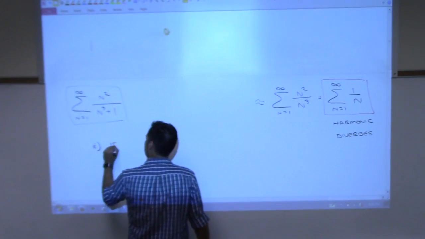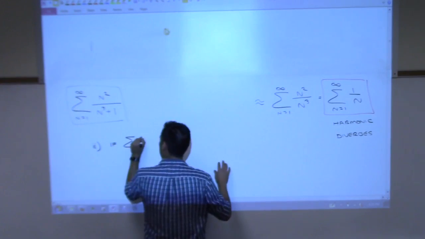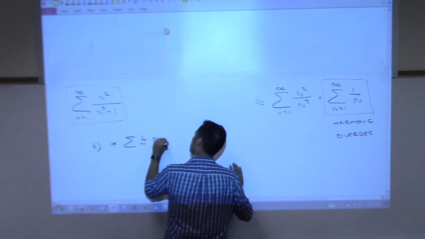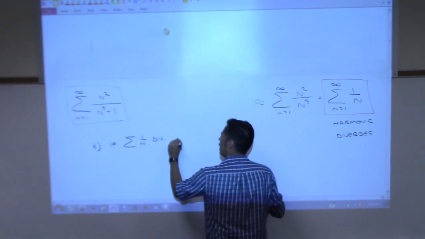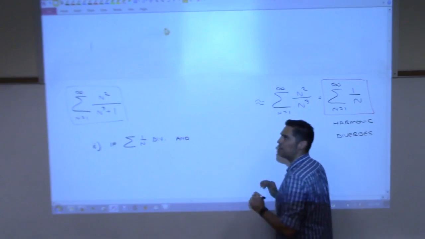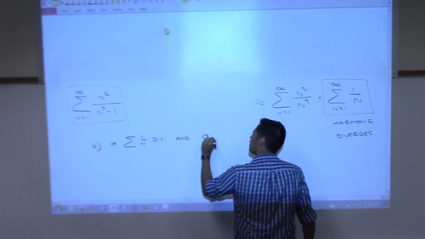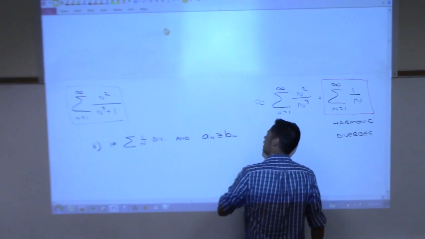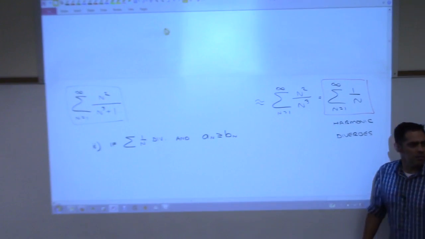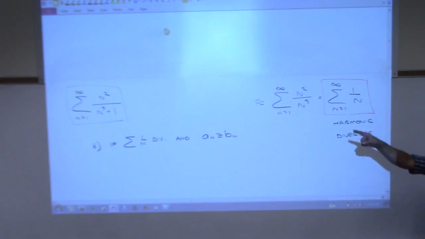It said if a sub n was greater than or equal to b sub n, then we would have the conclusion that we need, right? That one would also diverge.